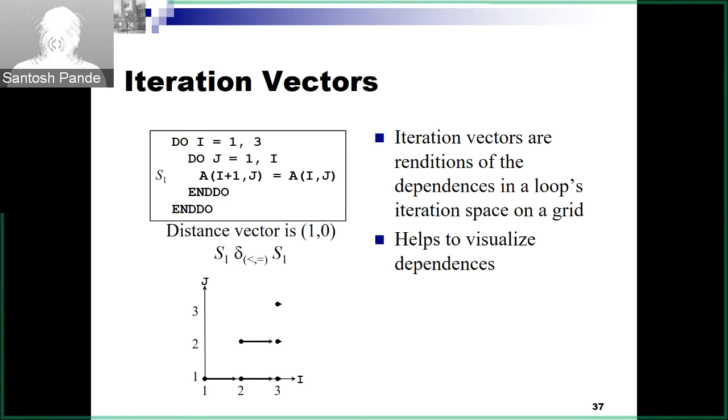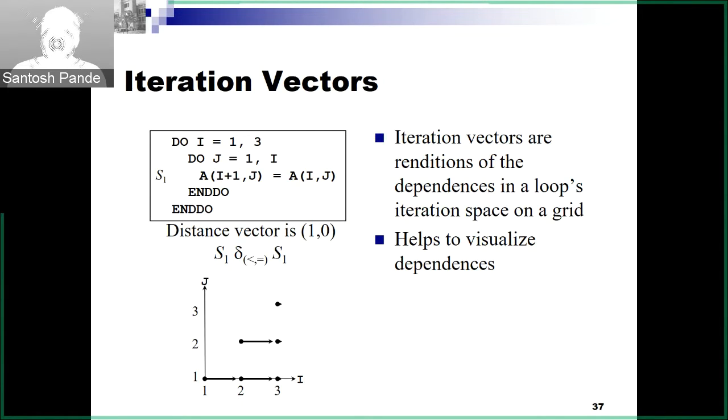because in this iteration order 1, 2, 3, I is increasing, and that is generating the dependencies as flow dependencies. If we run it the other way, we'll have the higher values of I occurring first, followed by the lower values of I occurring later.